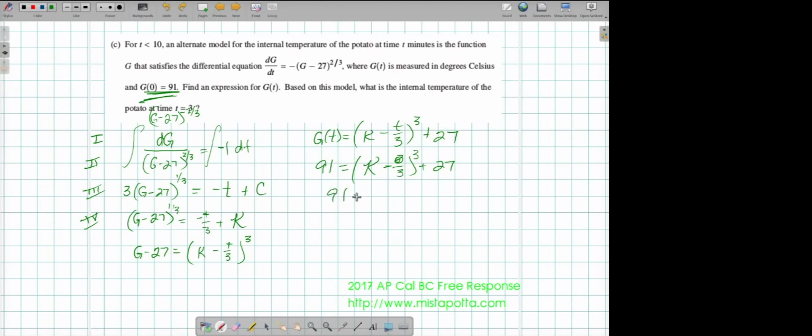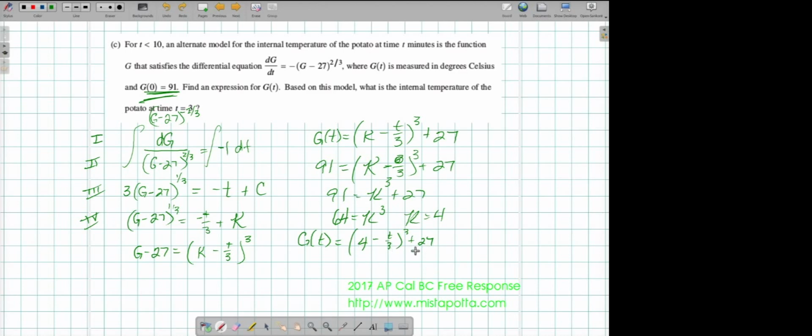So 91 equals my constant cubed plus 27. And 91 minus 27, as we saw before, was 64. So for us, k is 4. So our function is g of t equals (4 minus t/3) cubed plus 27.